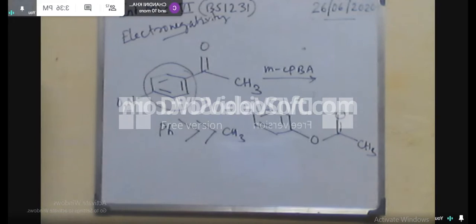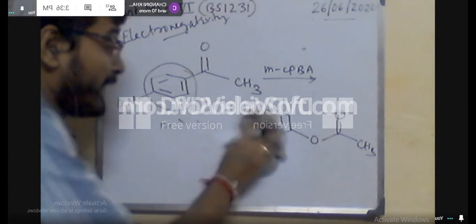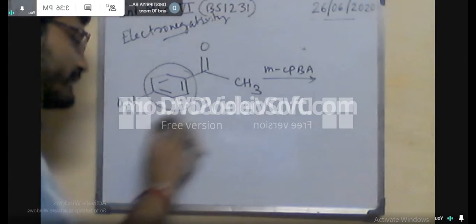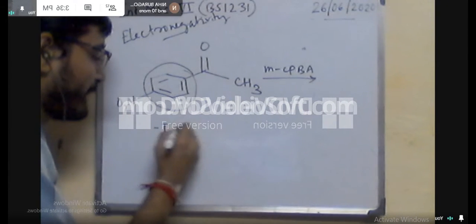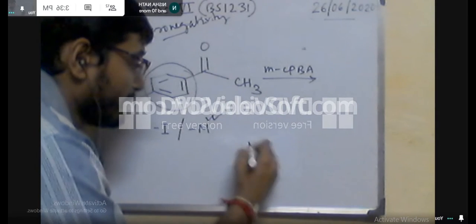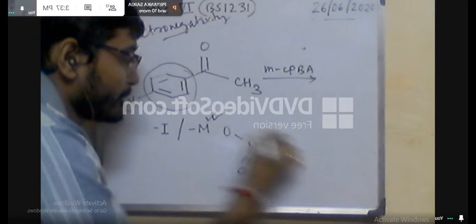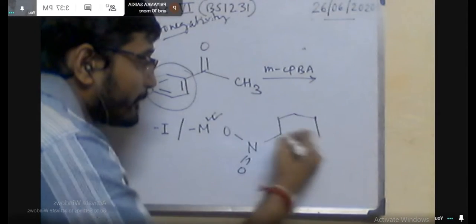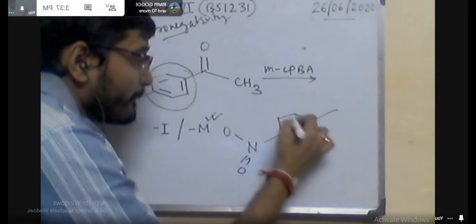That means the electron density of this ring or this substituent will be less. So in this case, though the phenyl or the aromatic residue has a higher migratory aptitude than the methyl or the alkyl residue, due to the strong minus M effect, that means the presence of a strong electron withdrawing group, this aromatic residue will not be migrated.